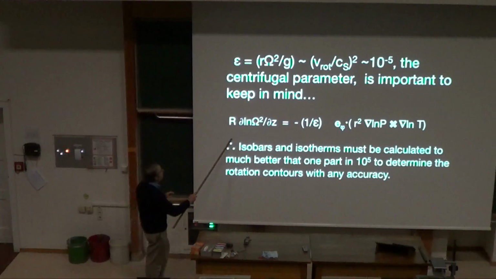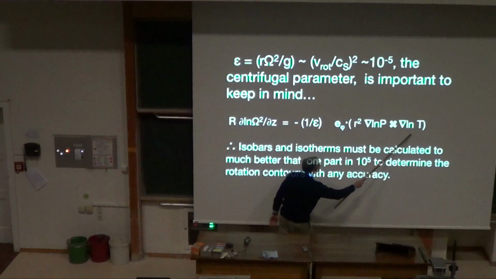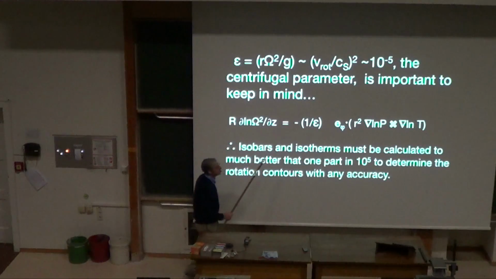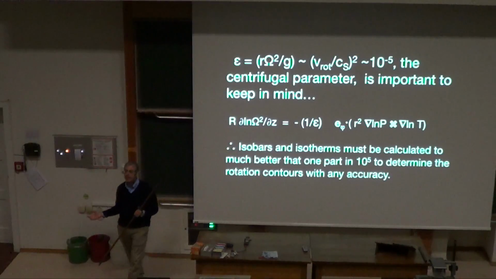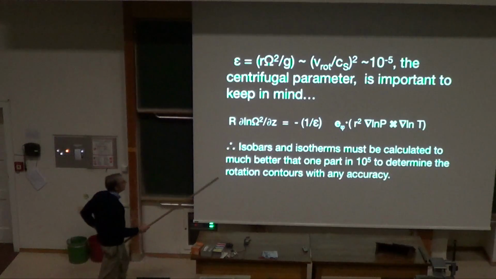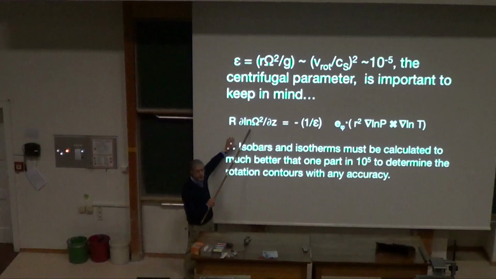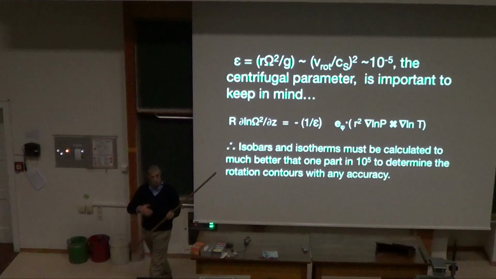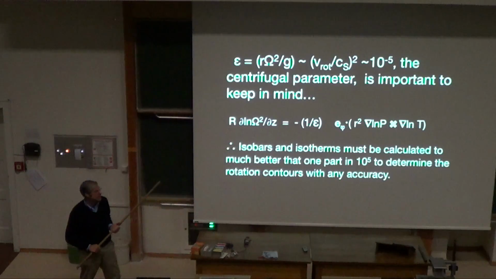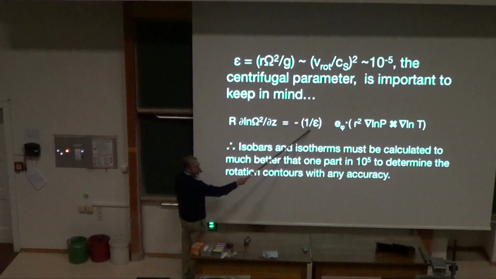In particular, if I go back and write the thermal wind equation in this form, you may remember before I did it in terms of the entropy. If I do it in terms of the temperature, what it says, if I'm doing a simulation and I want to try to reproduce just by brute force what the internal rotation of the sun is doing, there's a 1/epsilon that appears here.